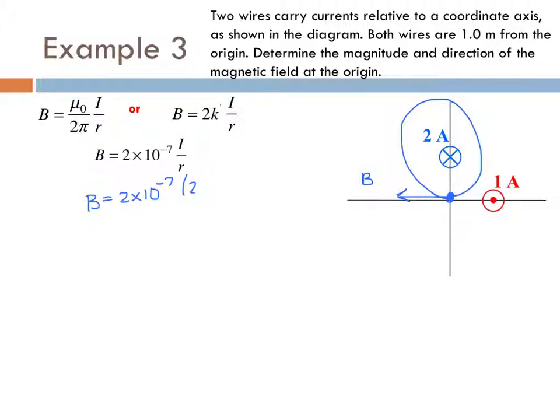So to find the strength of that magnetic field, we simply take our constant times our current divided by the distance away. It says that they are both 1 meter from the origin, so that's just 4 times 10 to the negative 7 Tesla. For the red wire, it is going towards you, so it creates a magnetic field that is counterclockwise.